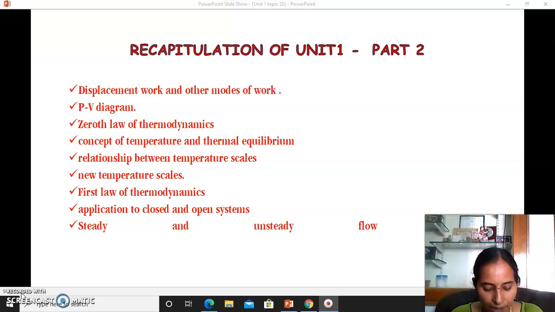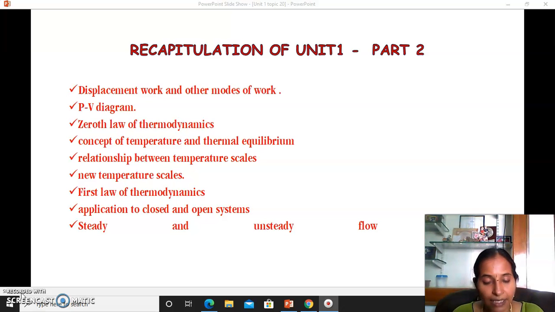For a brief summary of non-flow expansion processes, refer to table A. Here I have already given that table in the video; please try to learn the formulas for various processes and their work outputs, heat transfers and change in internal energy given in that table.